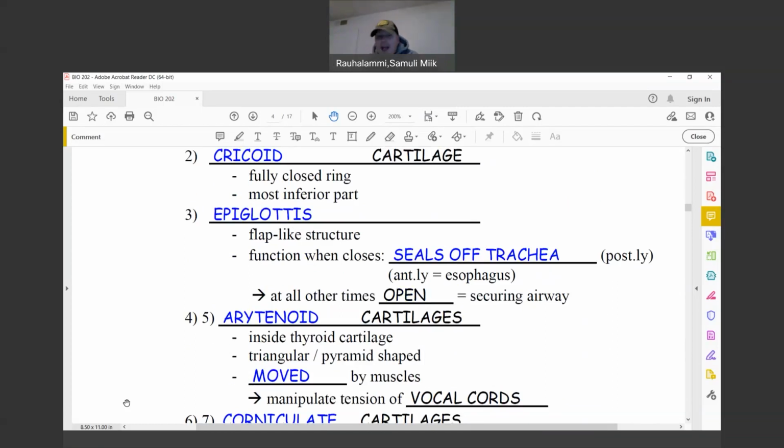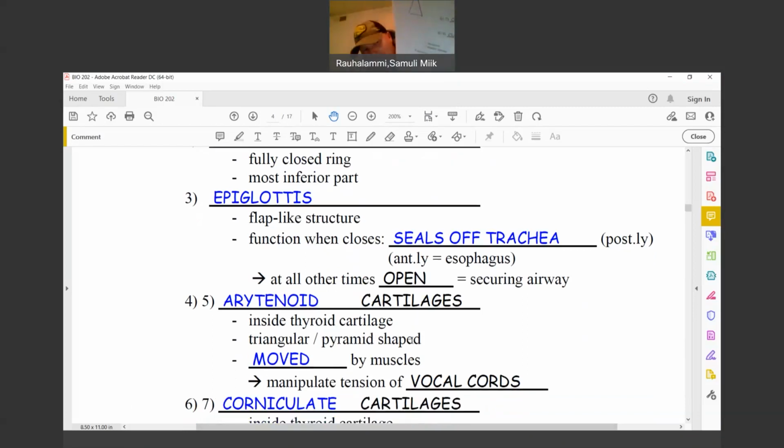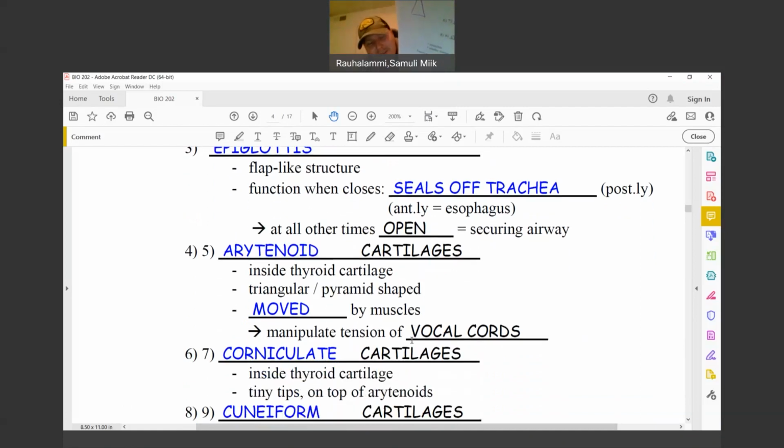arytenoids. At the very top of the arytenoids, I'm just looking for my diagram, trying to locate it. I'm sorry, this is going to be our corniculate cartilages.